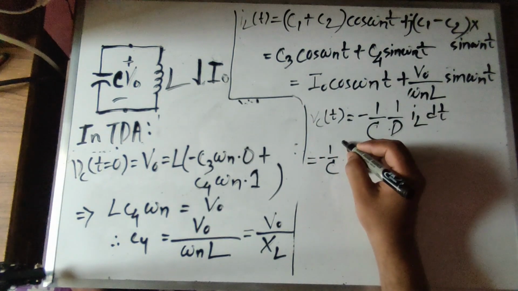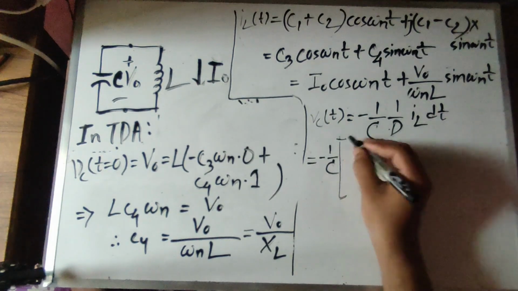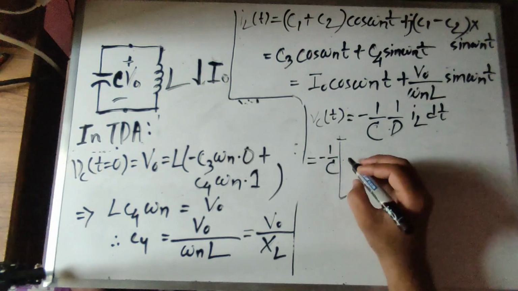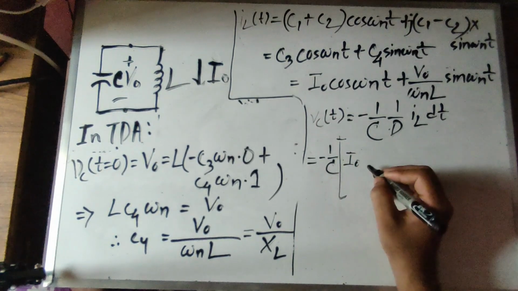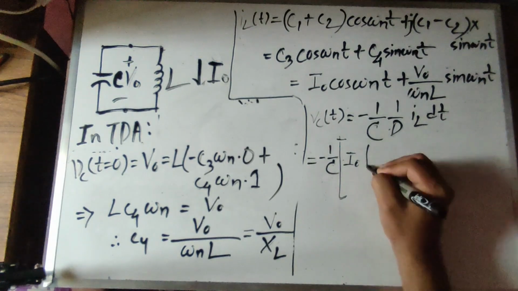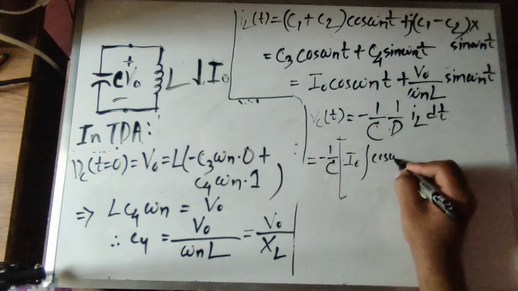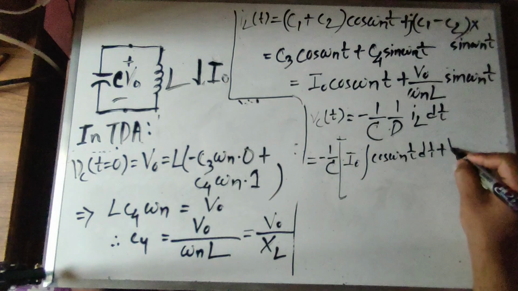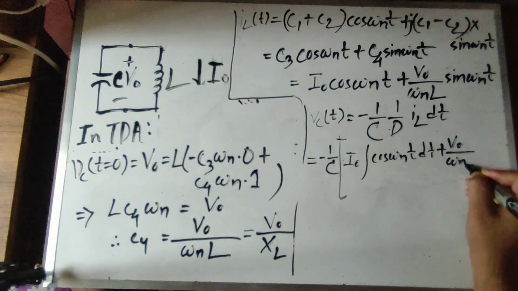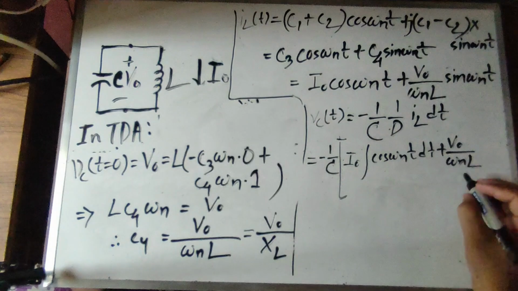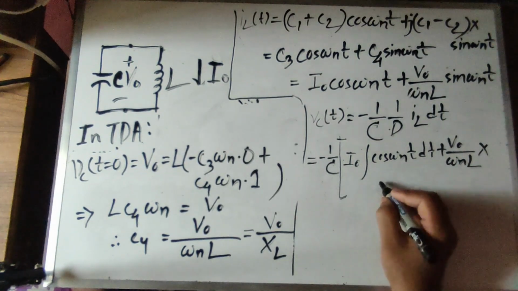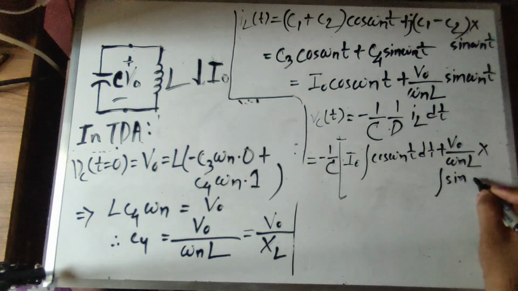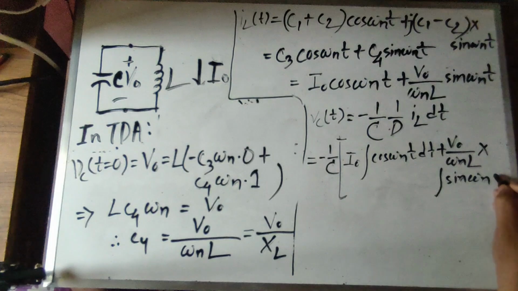Yeah, let me write this down. So I0 integration cos omega nt dt plus V0 by omega n L cross integration sin omega nt.